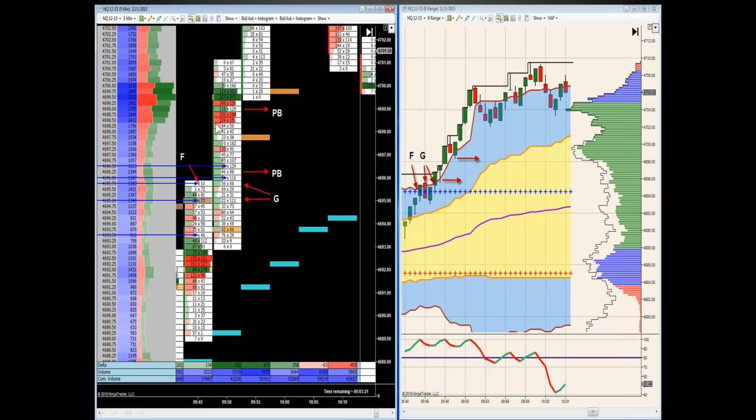So that, in my mind, is saying the sellers aren't stepping up under that area, so I can go ahead and take that buy and see if we can get up to that next high volume area, which would be up here. So like I said, you didn't take it here, you didn't take it here, you didn't take it here. You still have time.